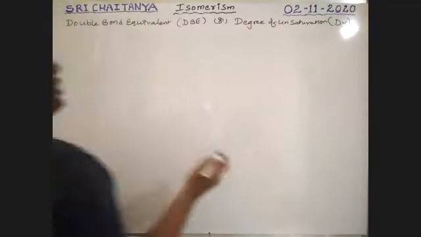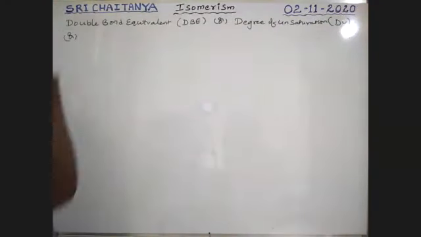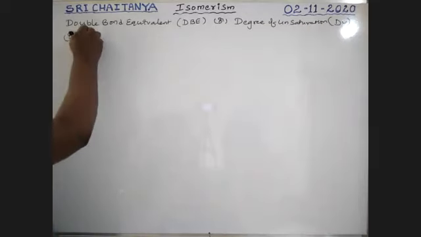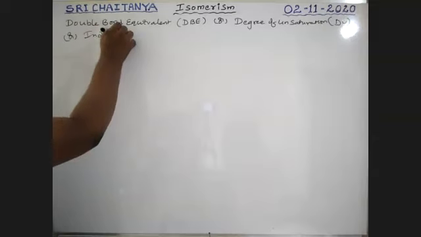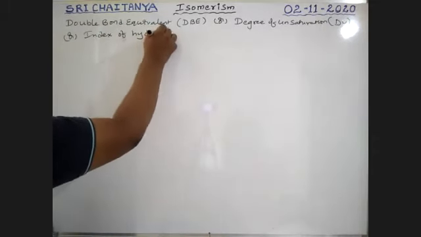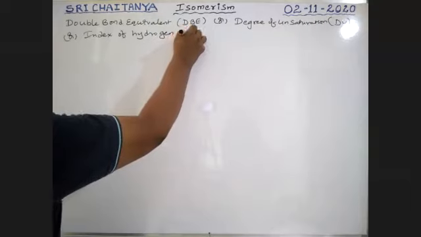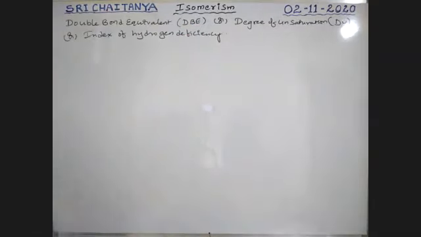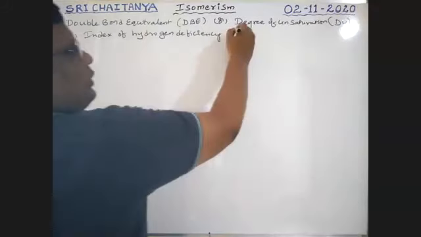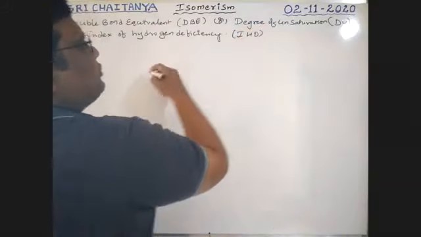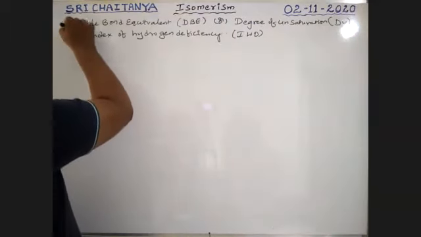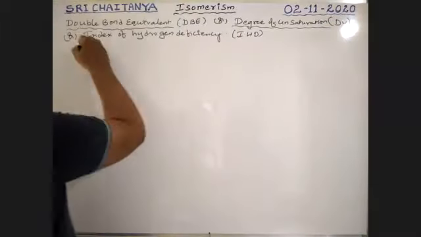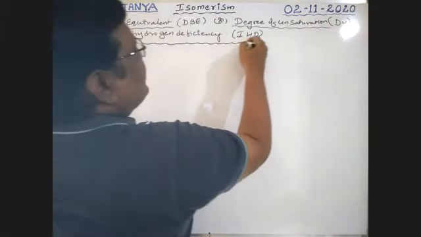Degree of unsaturation or index of hydrogen deficiency, that is IHD. All these are the same, boys. So double bond equivalent, or degree of unsaturation, or index of hydrogen deficiency.